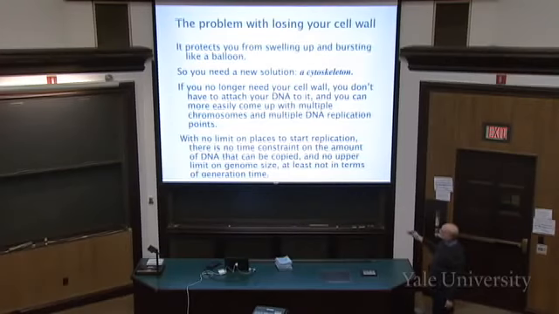And you get a big advantage from that in terms of how big a genome you can have, because you can then start replication in parallel at multiple points rather than going around a single circular chromosome to do it. And that means that there really would be no upper limit on genome size. If you can make 100 small chromosomes and start them all off at the same time in replication, you'll get through the replication step very quickly.